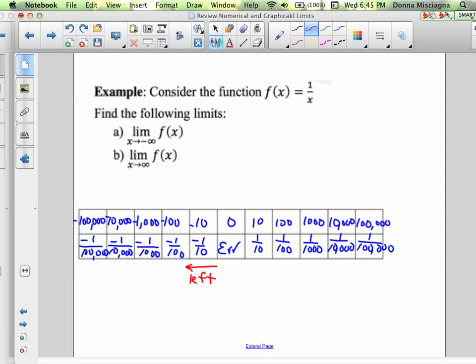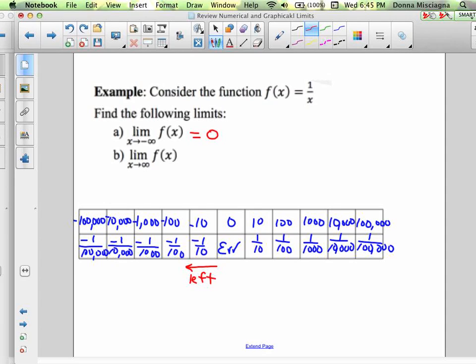Negative 1 over 1,000 is even closer to the x-axis. And negative 1 over 10,000 is even closer, and so forth. So notice that as that x value is getting larger and larger in the negative direction, the value of the function is getting smaller and smaller. So this is approaching 0.